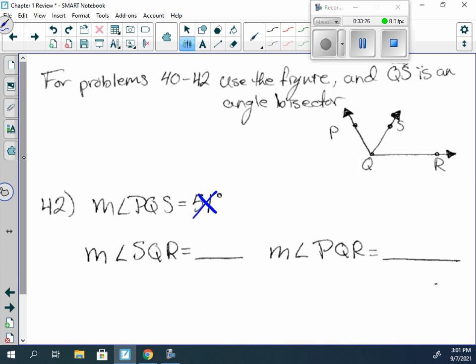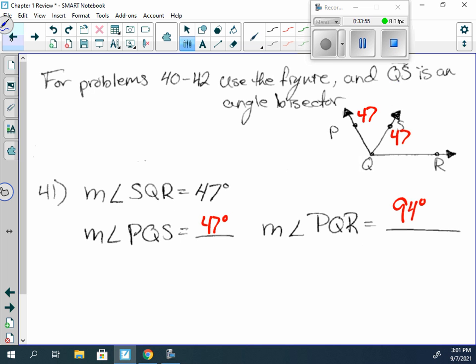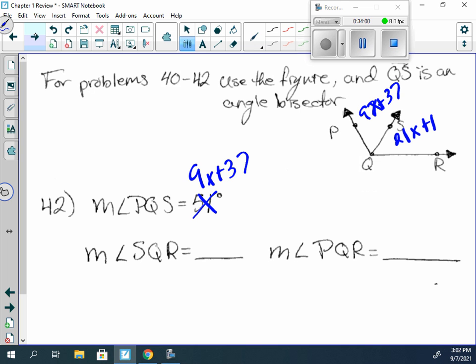Now this is not, because they tell us that PQS is 9x plus 37, and the other one is 21x plus 1, because they actually filled it in for this here. But we know that this is an angle bisector, cut it in half, yes? So these two angles that are given are the same thing.